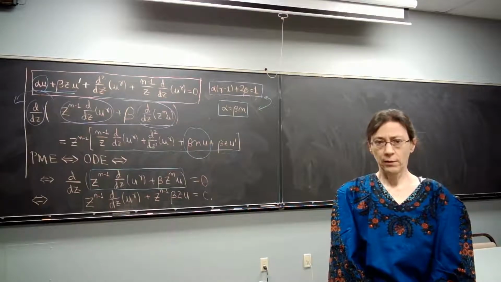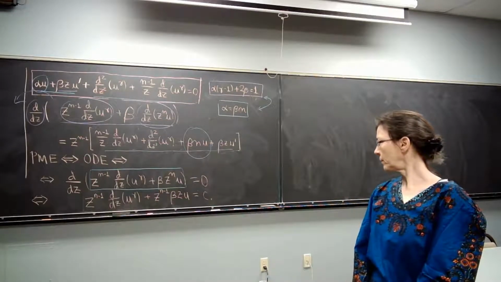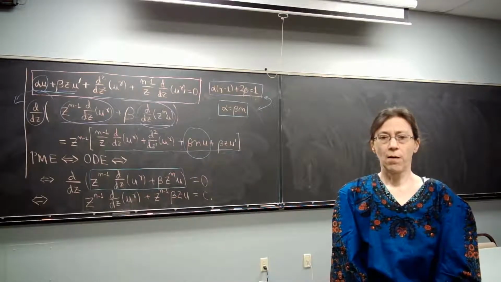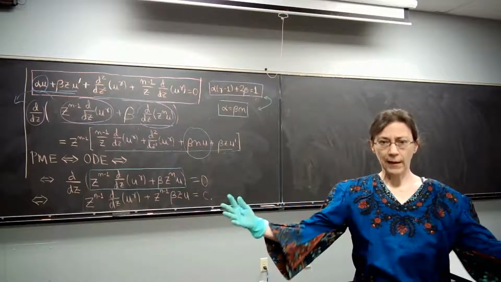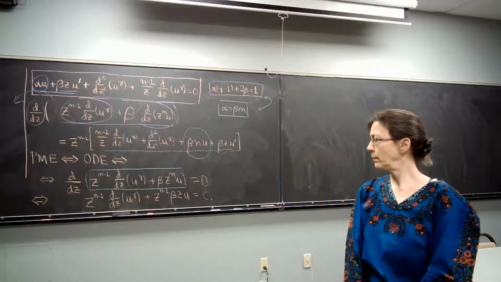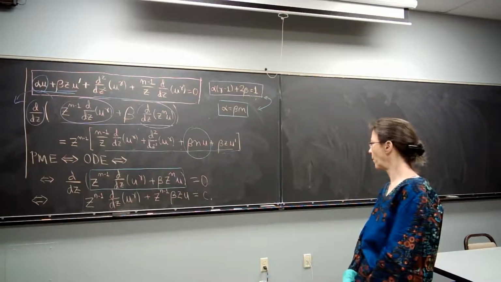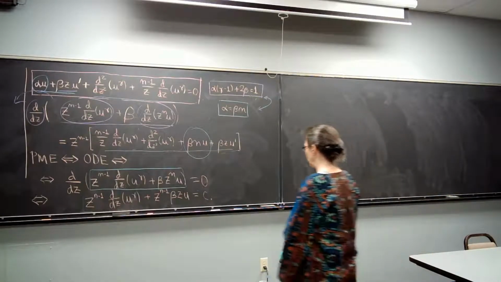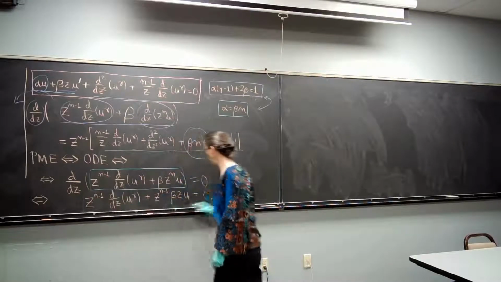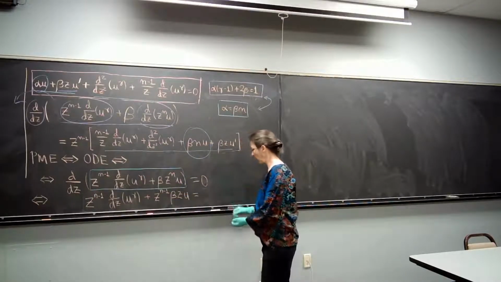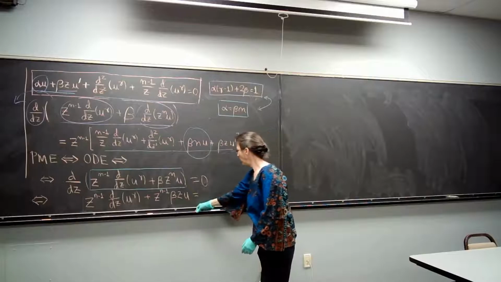For a fixed t, if x is large, u will go to 0, right? And so you can choose this constant on the right-hand side to be 0.